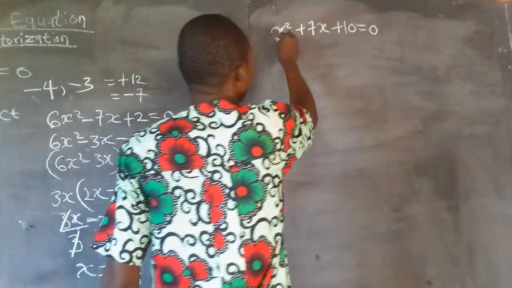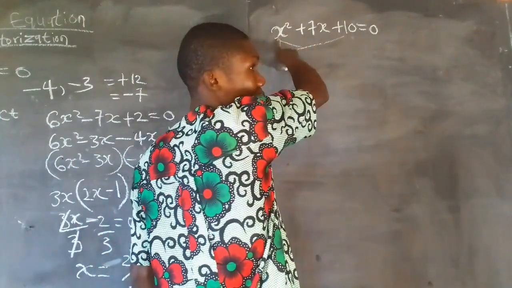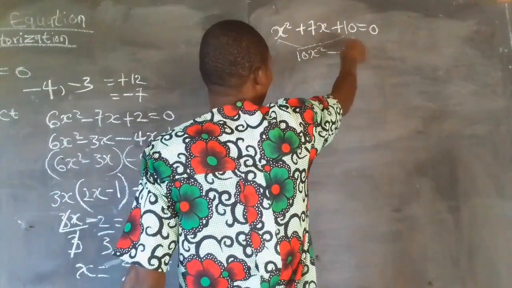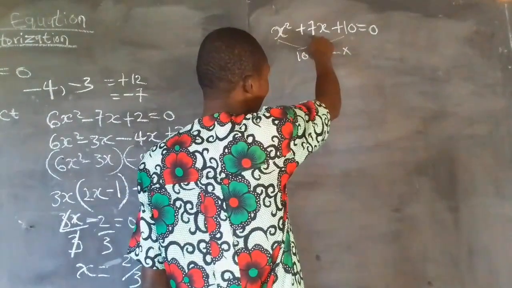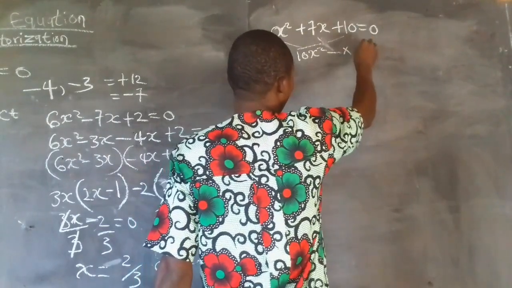Remember, multiply your 10 times x squared. That will give you 10x squared to do your multiplication, which is your product. And then your sum is your 7.